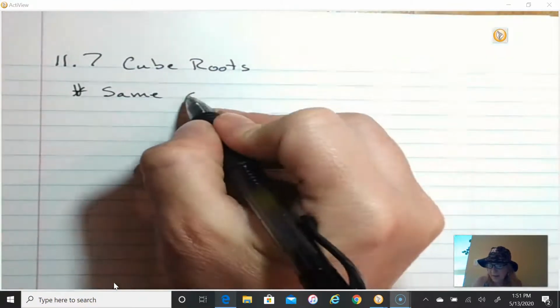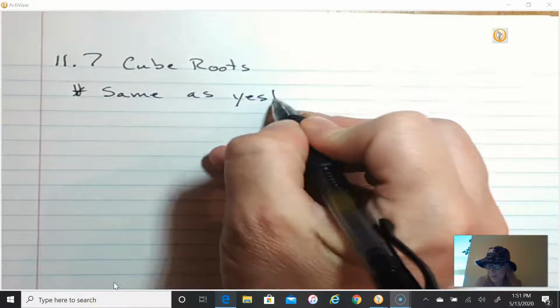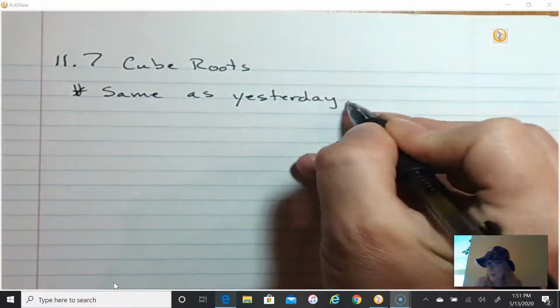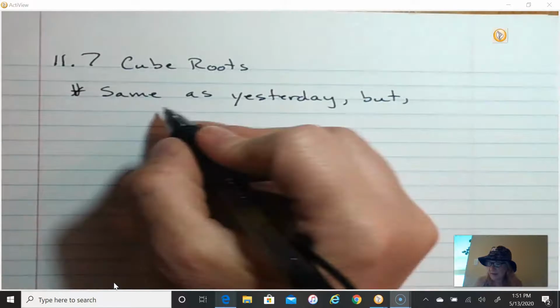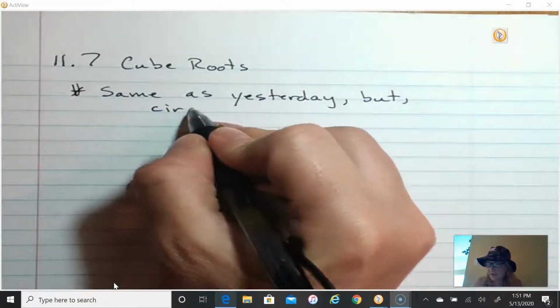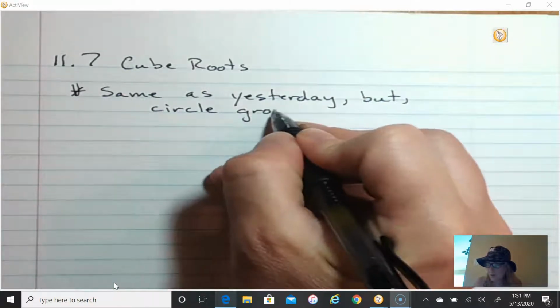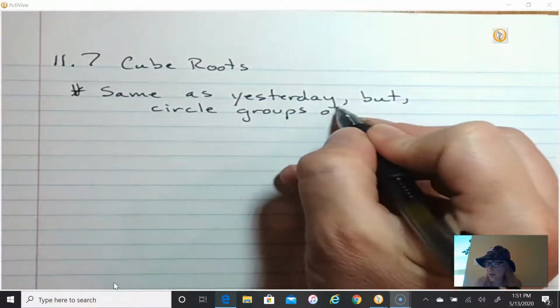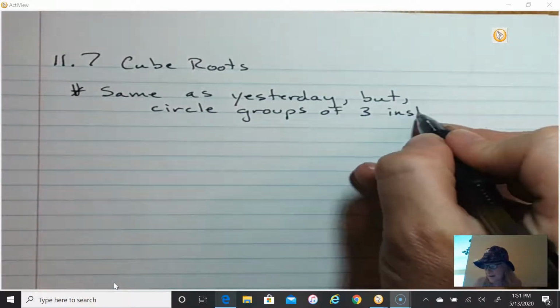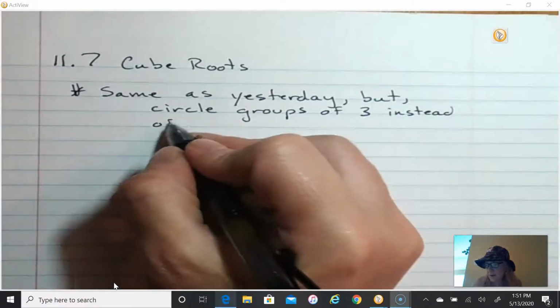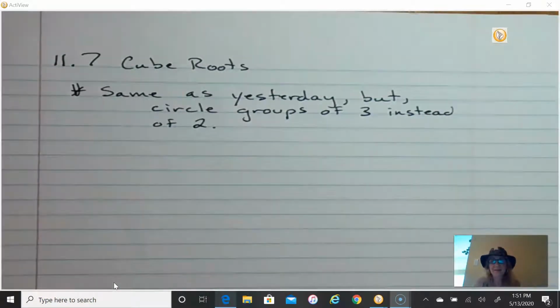Same as yesterday, but circle groups of 3 instead of 2. There you go. Some of you are like, all right, I'm done, I'm just going to start the work. Okay? Hey, whatever floats your boat, because it's identical to yesterday, but you're circling groups of 3.